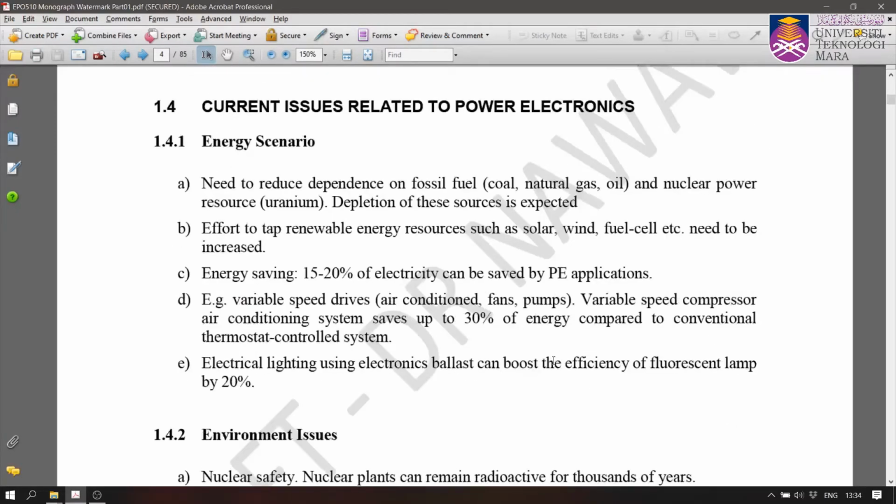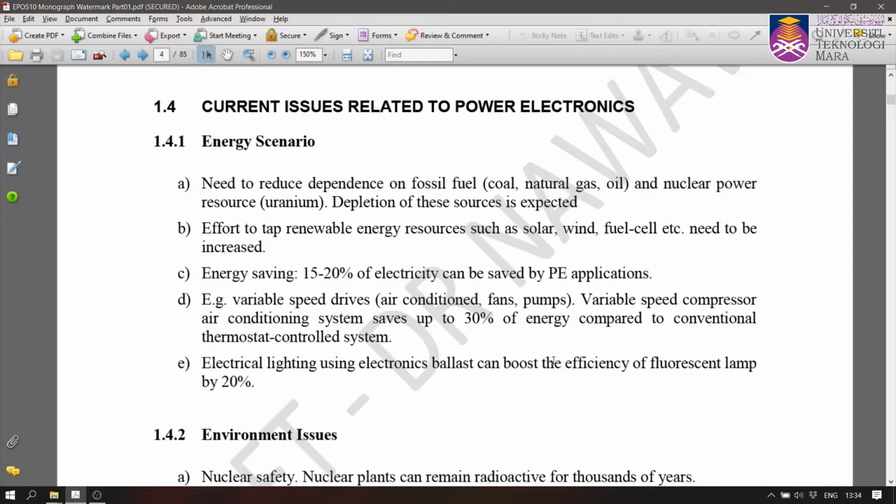Okay, so what are the current issues related to power electronics? Some energy scenario, of course: you need to reduce the dependence on fossil fuel. We know that fossil fuel, which is the coal, the natural gas, as well as the oils, is becoming less and less. The nuclear power is not feasible.